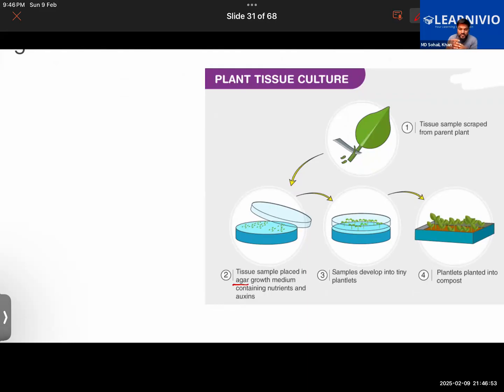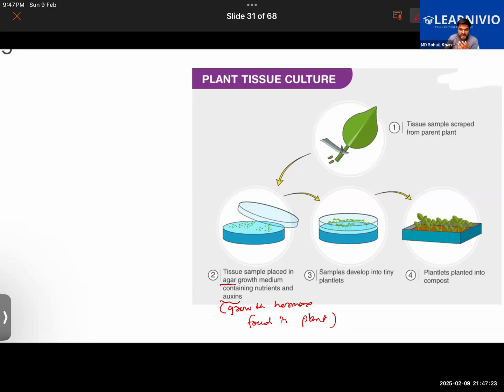It has so many nutrients and growth hormones, the hormones that will promote the growth of the plant, like auxin, which is a growth hormone found in plants. That will help in stimulating the growth of these tissue samples.